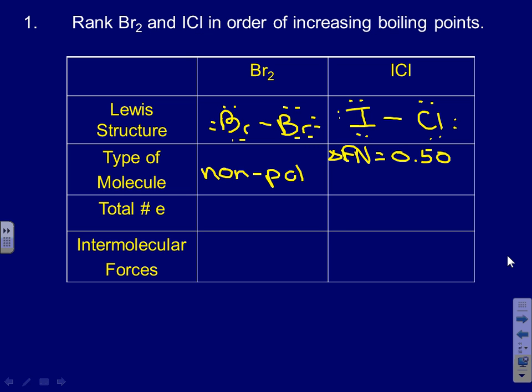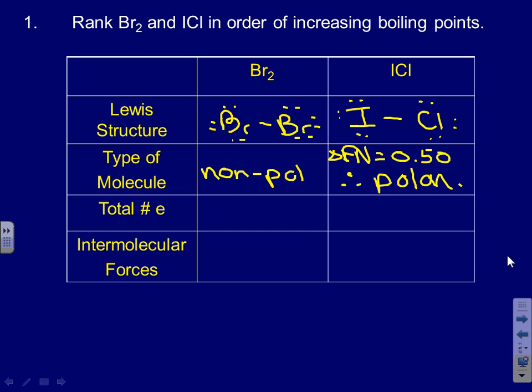I never even thought of checking that. So therefore, we're going to say it's a polar bond. Chlorine has the higher value. Yes, with polarity starting at 0.5, so we're still able to say it's polar. 0.5 and up is polar, up to that 1.7.